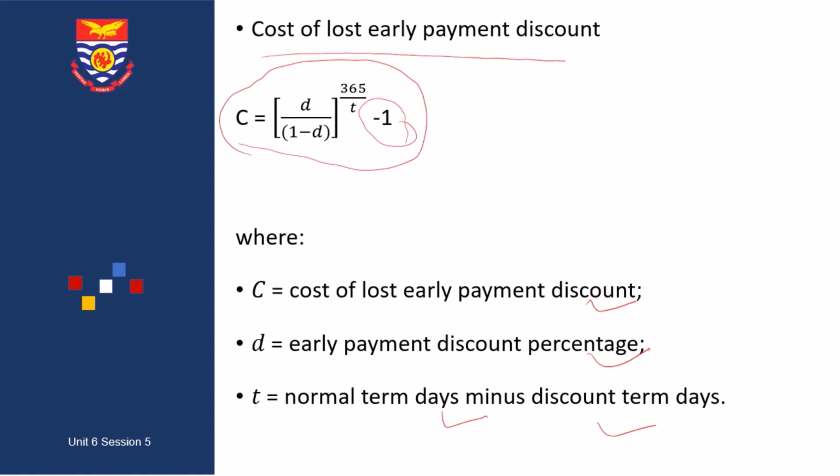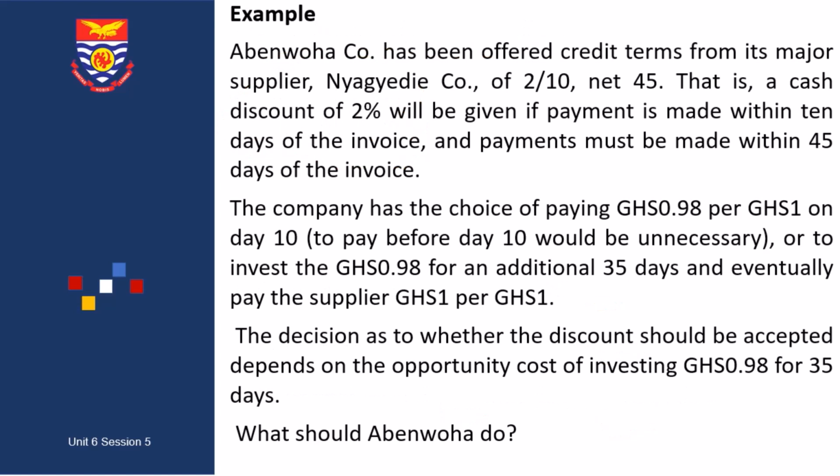So let's dive in. We have an example here, and you can try your hands on it. Abin Waha Company has been offered credit terms of 2/10, net 45 from its major supplier, Nyagidie Company.